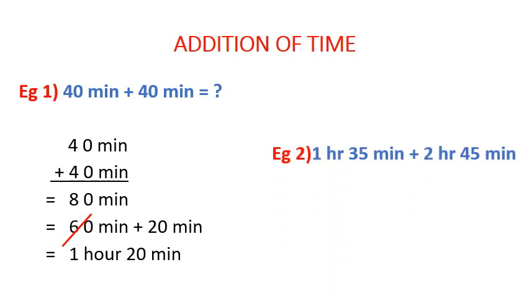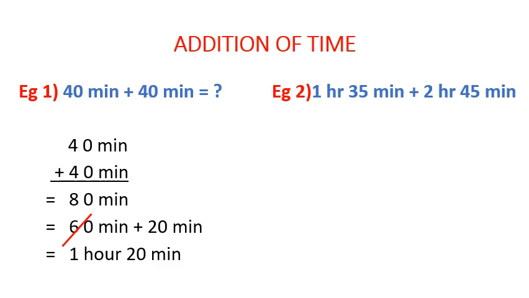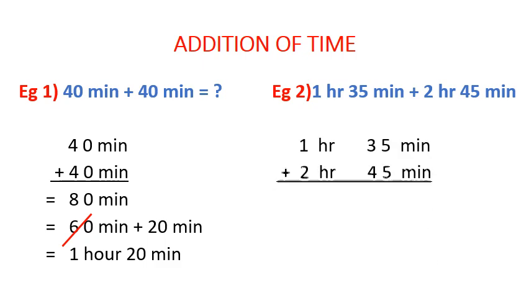Let us see the second example. Here 1 hour 35 minutes plus 2 hours 45 minutes. Arrange them one by one down as hours together and minutes separately. Now we are going to add minutes and hours separately. So we will get 3 hours and 80 minutes.